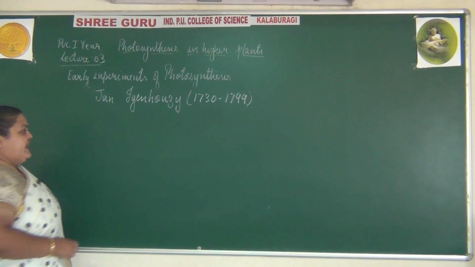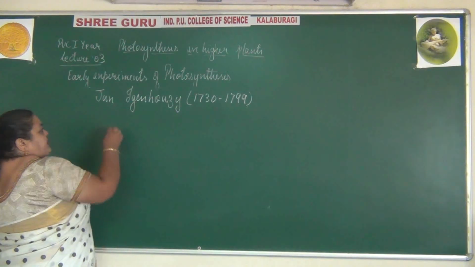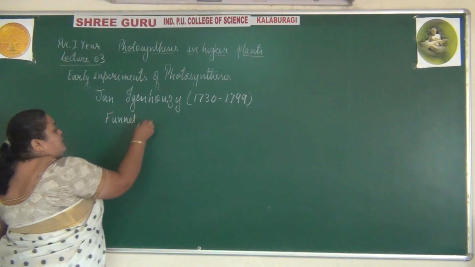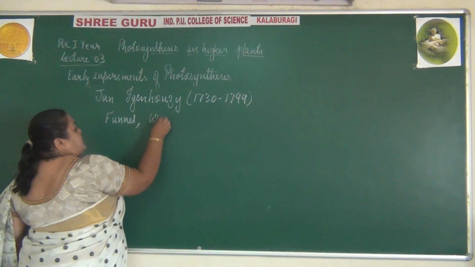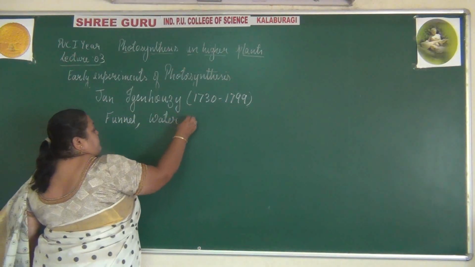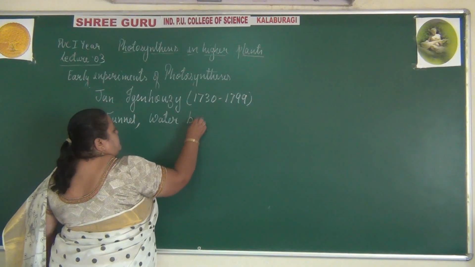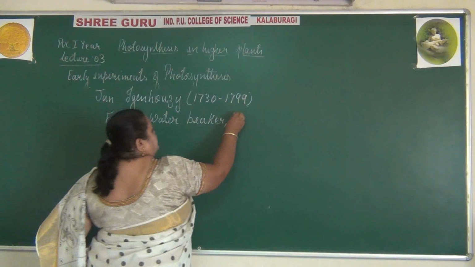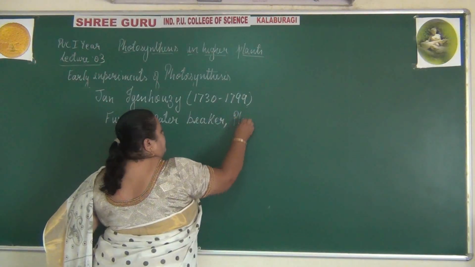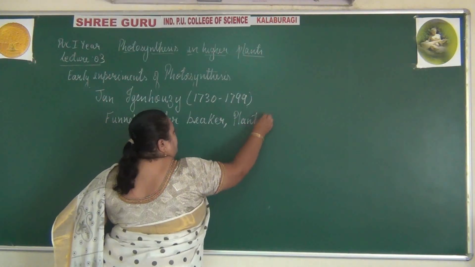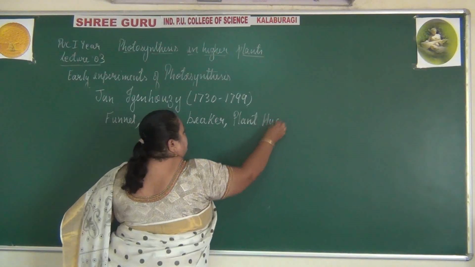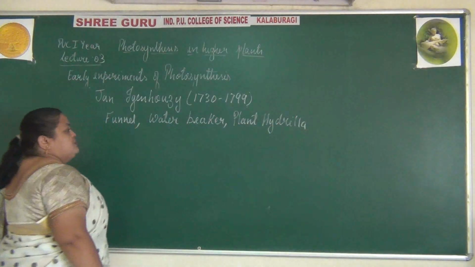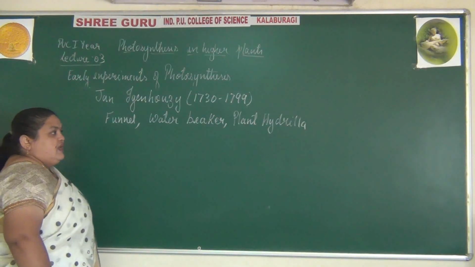that is, hydrilla. So in this experiment he used a funnel, a water trough or a large beaker, and the aquatic plant called hydrilla.